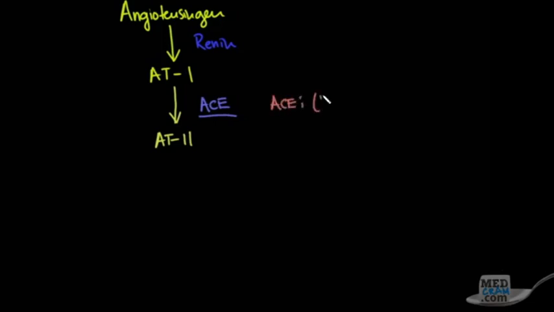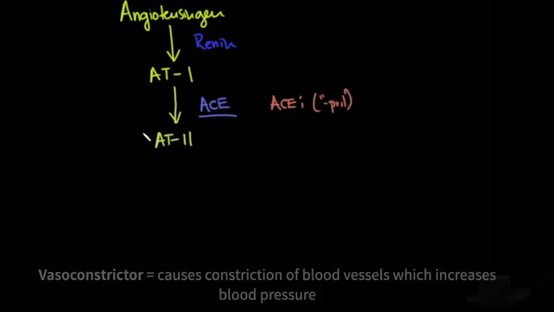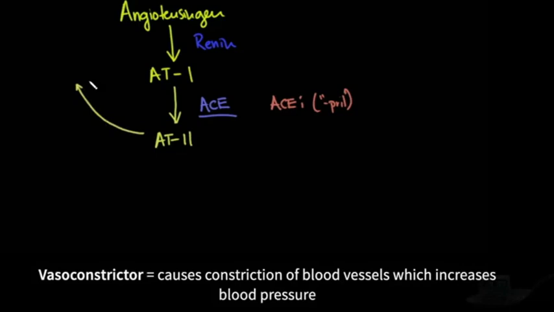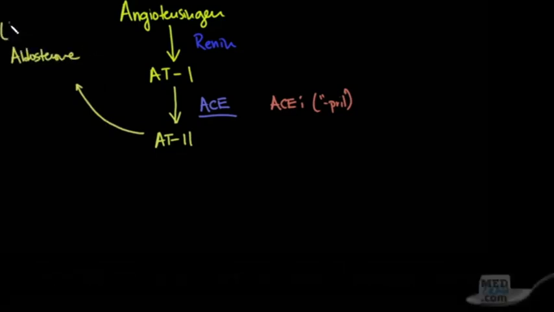And these are the medications that end in -prils, so captopril and lisinopril, etc. So angiotensin 2 is a powerful vasoconstrictor. It also stimulates the adrenal gland to make aldosterone, which has the action of lowering potassium and increasing sodium concentration, and therefore increasing blood pressure.